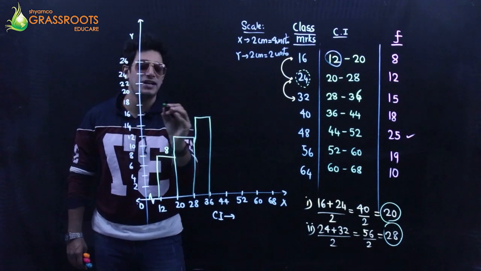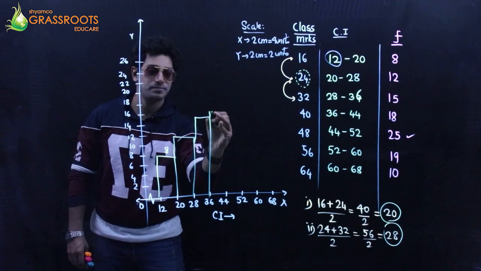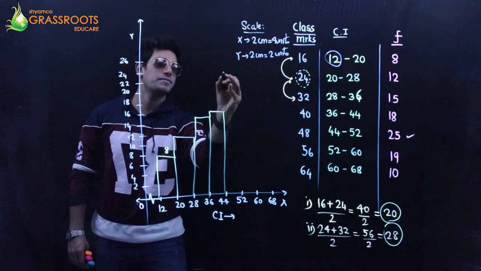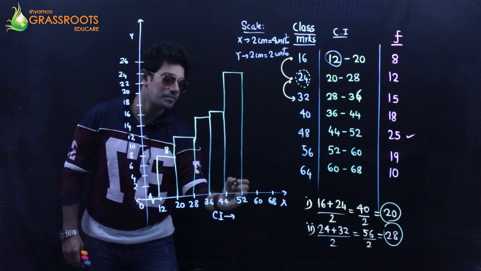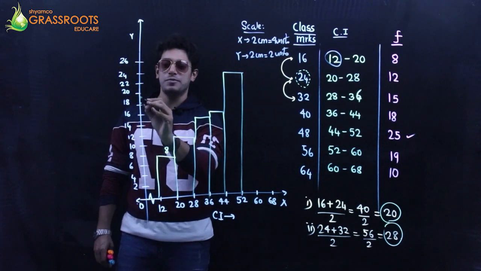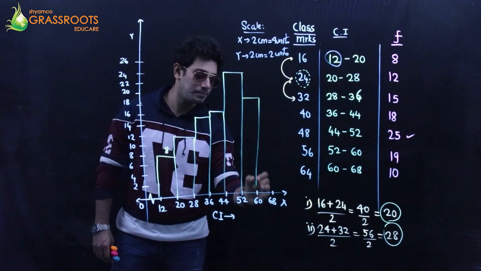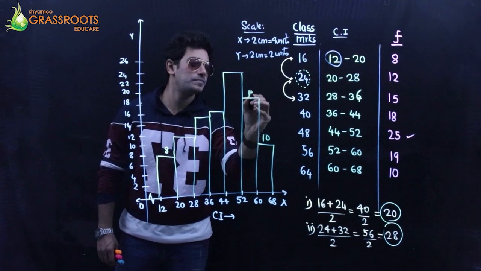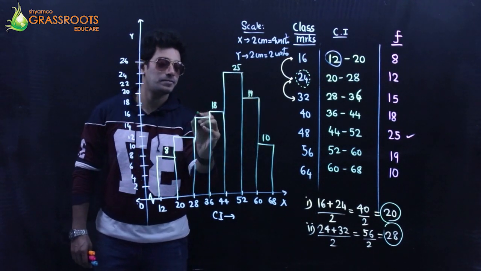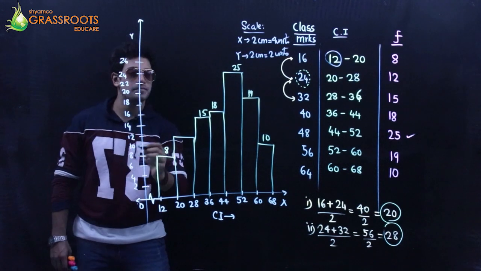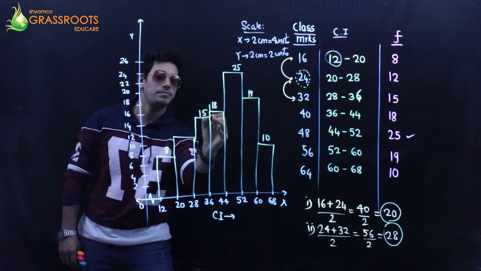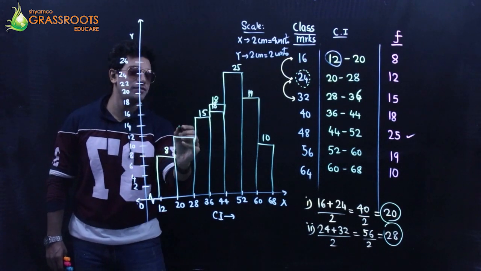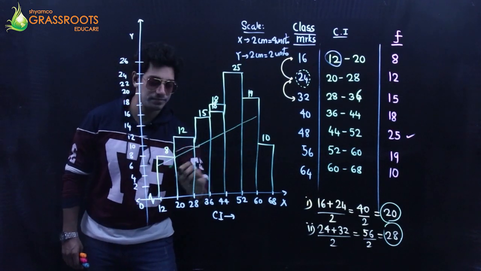Then 18 and 25, 18 is a direct one. 25 is between 24 and 26. 19 and 10, 19 is between 18 and 20. 10 is a direct one. 18 should be slightly up. Yeah, 18. And we have 15 and we have 12. That's it, just shade it.